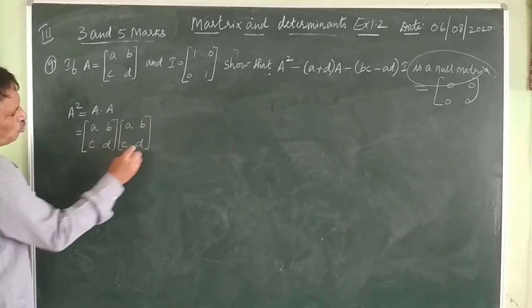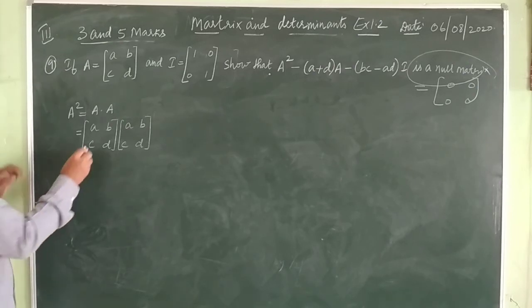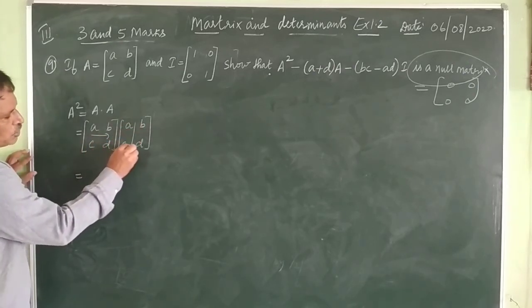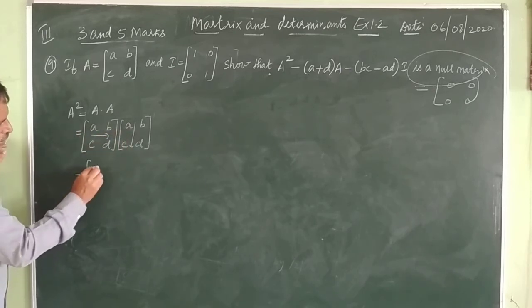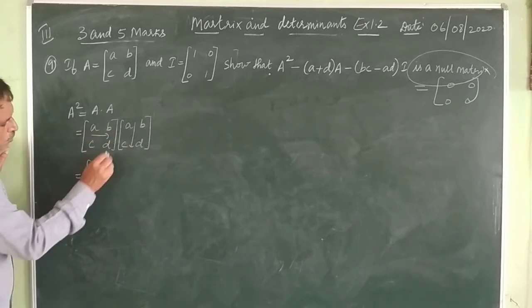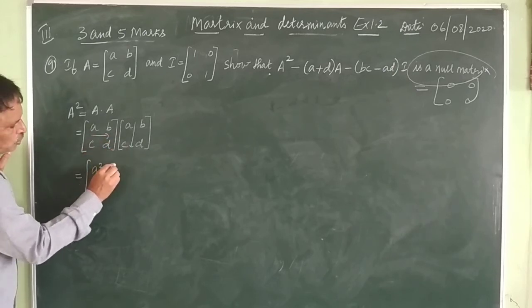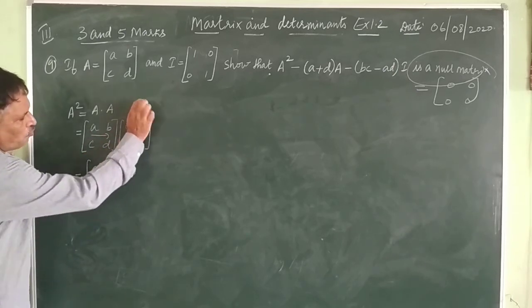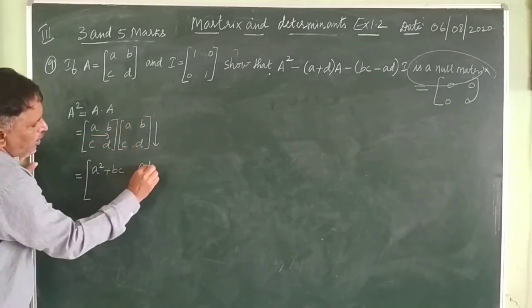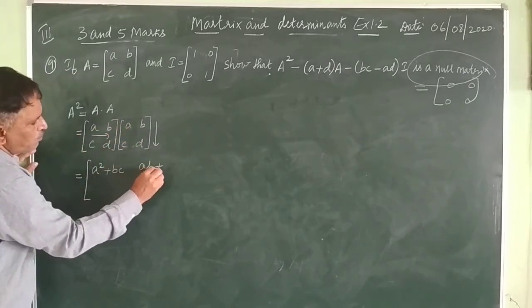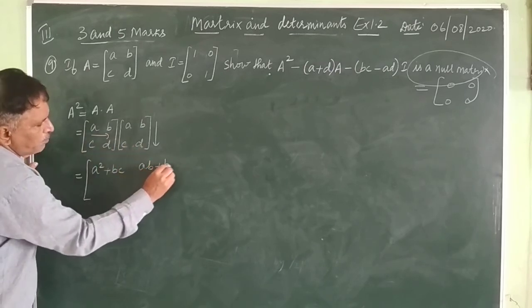These two are the multiplication of matrices. First row, first column: A into A, A square, plus B into C, BC. First row, second column: A into B, AB, plus B into D, BD.